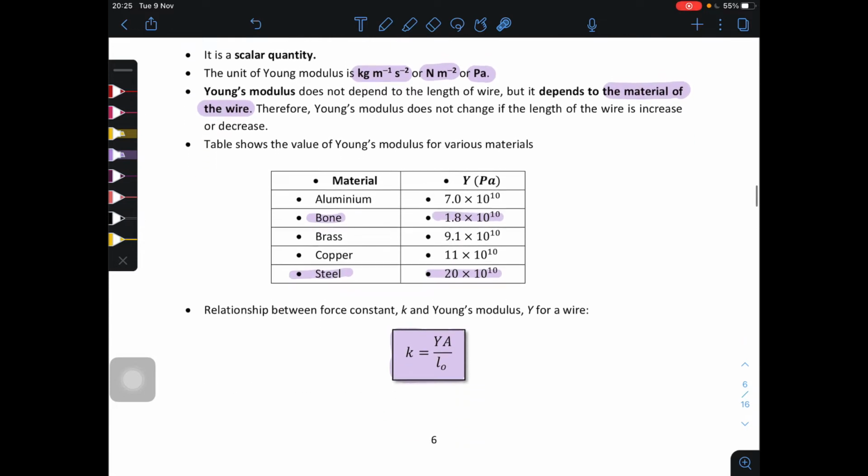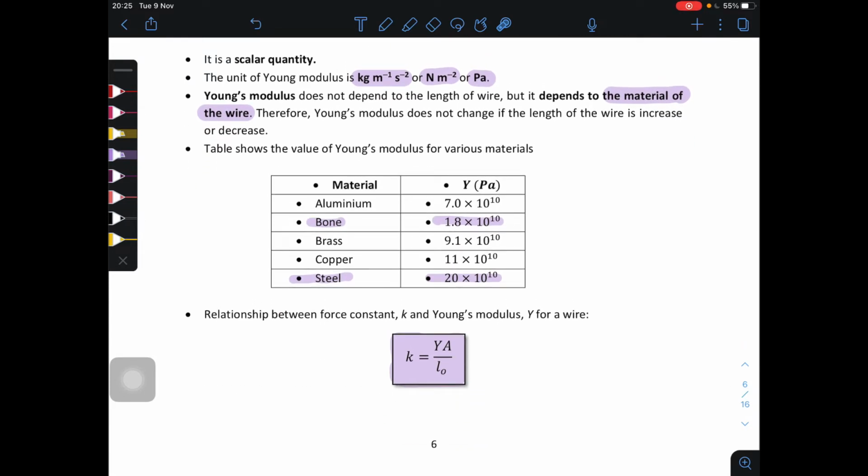Okay, last one, we look at the relationship between force constant and Young's modulus. So kita boleh gunakan formula ni, di mana force constant K is equal to Young's modulus times the area divided by the original length of the wire or the material.